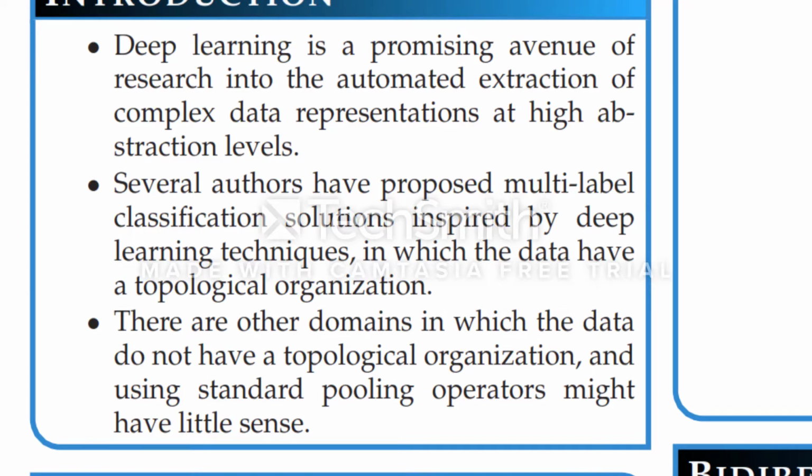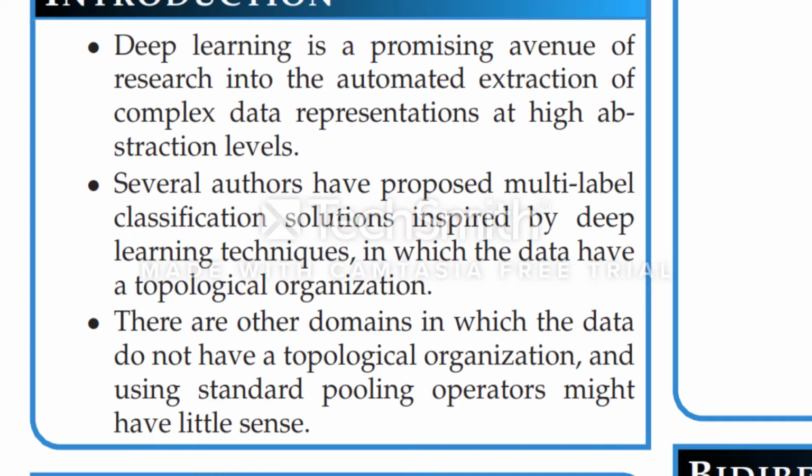This is recognizing faces, coloring black and white images, or classifying objects in photographs. However, while it is interesting to recognize faces or classify objects in images and videos, the truth is that there are other domains in which the data do not have a topological organization.